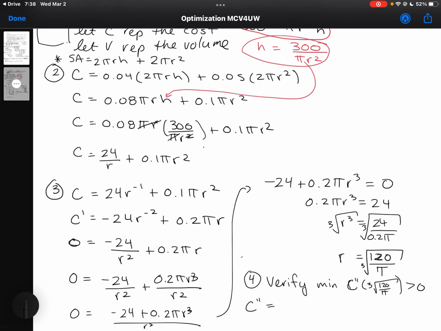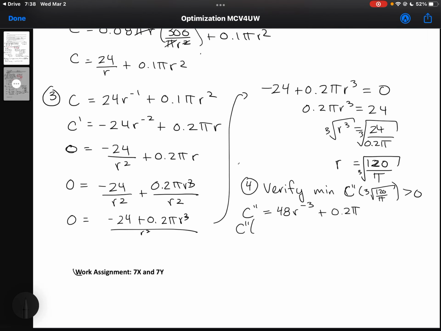So my second derivative of the cost is going to be 48 r to the minus 3 plus 0.2 times pi. When I substitute in my value, the cube root of 120 over pi, it doesn't really matter what it is. The number that I'm substituting in is positive, so I'm just going to write it in here.